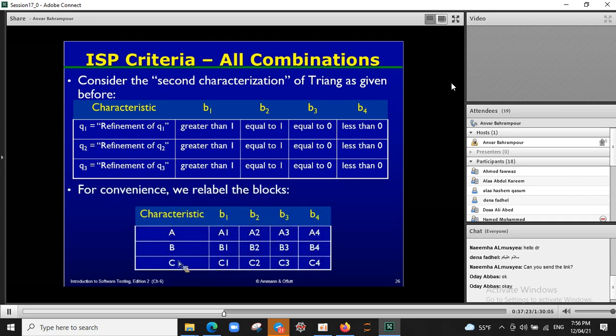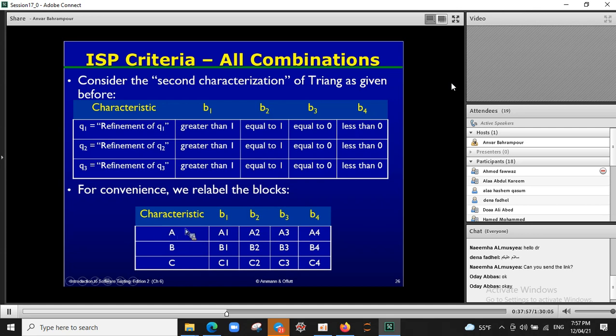For simplicity, we change this table to this one. We consider each side of the triangle as a characteristic of our program. So we have 3 characteristics, A, B, and C, for our program in general. We relabel these blocks according to this naming policy.